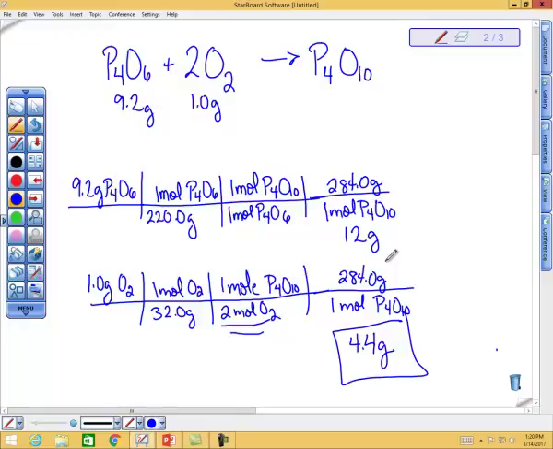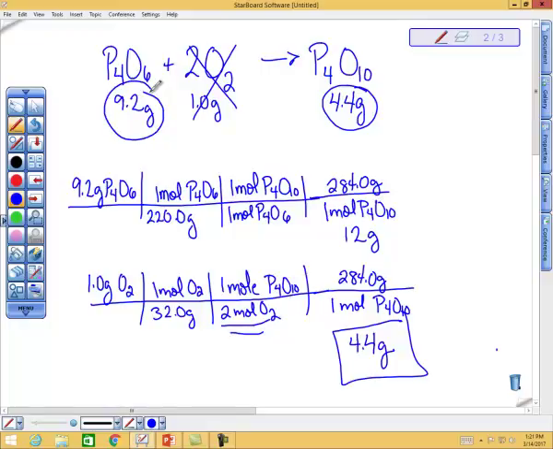By the way, in the second problem, who's your limiting reagent? Who ran out on us? Yeah, your oxygen. Your oxygen is completely gone. This 1 gram of oxygen was completely burned up. There is now technically 4.4 grams of P4O10. Did we use all of the P4O6? No, but did we use some of it? Yeah.